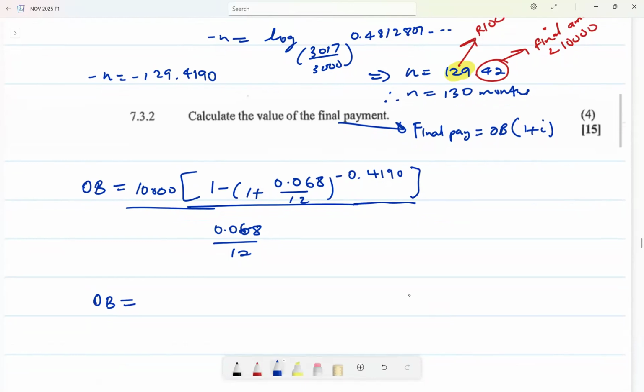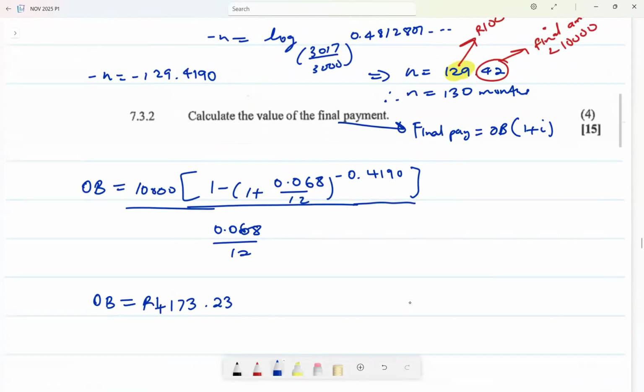Oh my God, I removed it. 10,000 times 1 minus 1 plus 0.068 divided by 12 to the power of negative 0.4190, and then divided by my interest, 0.068 divided by 12. This should give me something like 4173.23.